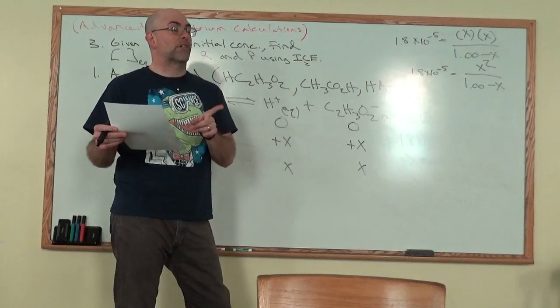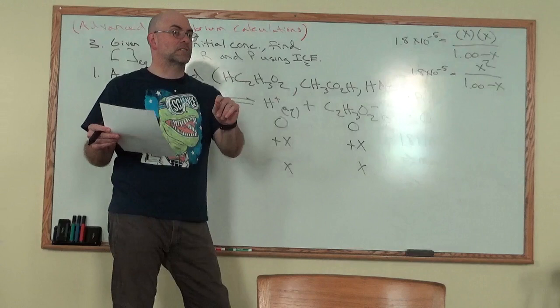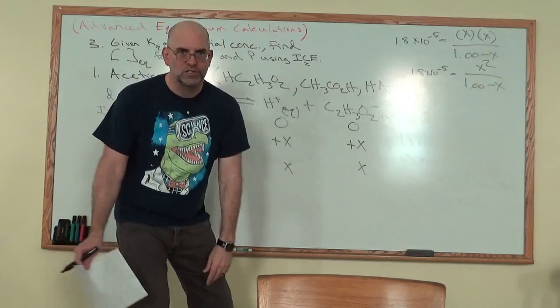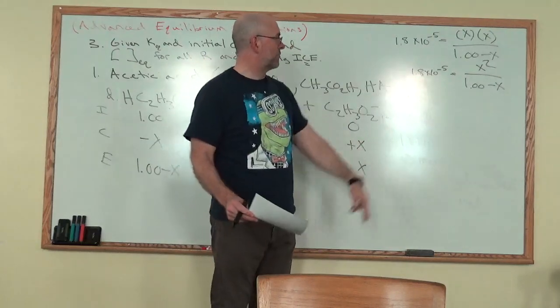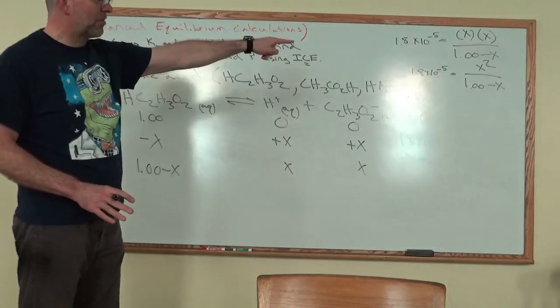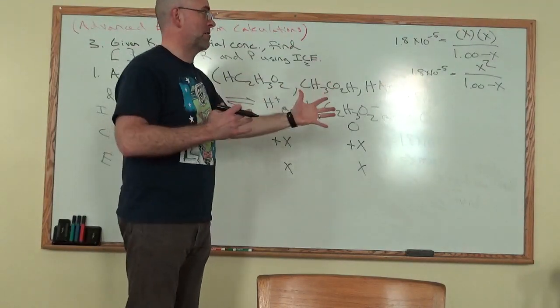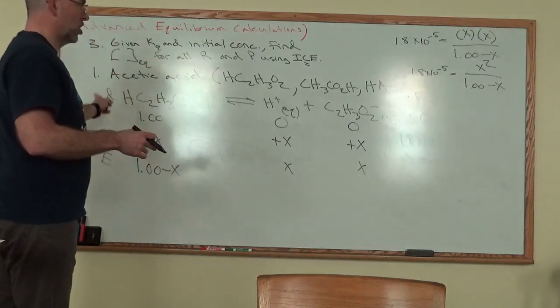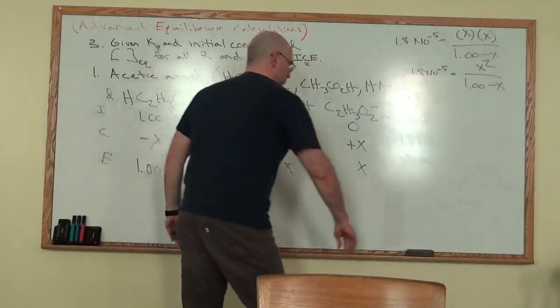If you need a refresher on the quadratic equation, I think the end of your book has some information on it, or you can just Google how to solve the quadratic equation. The difference here is we actually have real numbers. I am going to need some more space. So we need to solve that math. Now I've turned it into a math problem. It's a math problem at this point. So just remember that this is the last step. Okay.